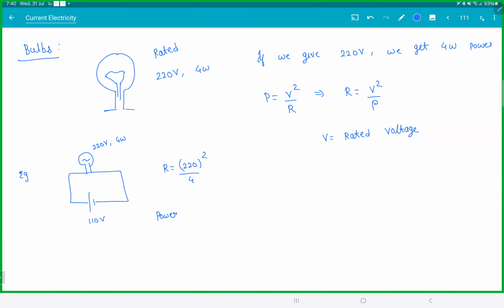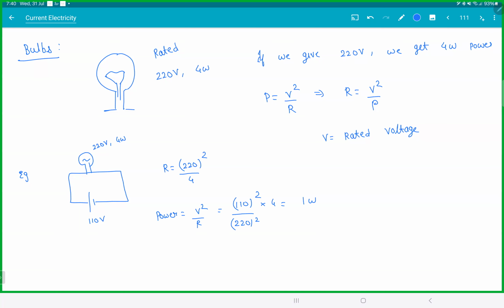Power in the bulb is V square by R, but we are giving 110 volt, so 110 square by 220 square by 4. You get 1 watt. Making sense? The bulb won't give 4 watts, it gives you 1 watt of power. The bulb won't glow as bright as before.